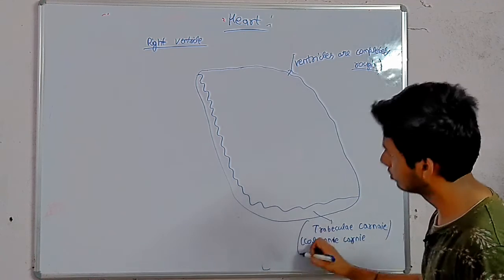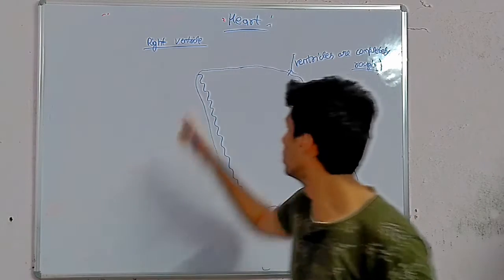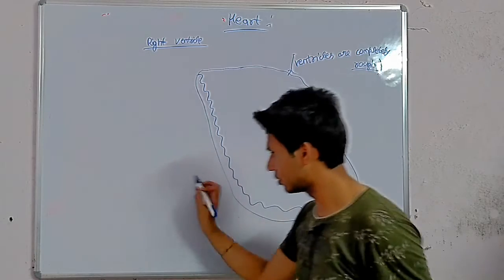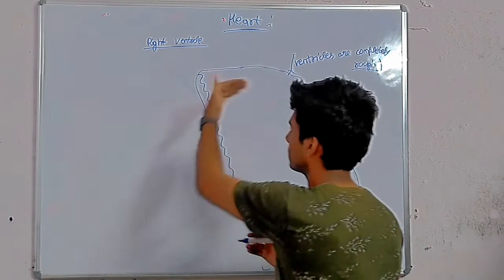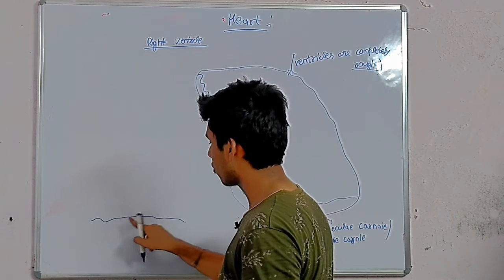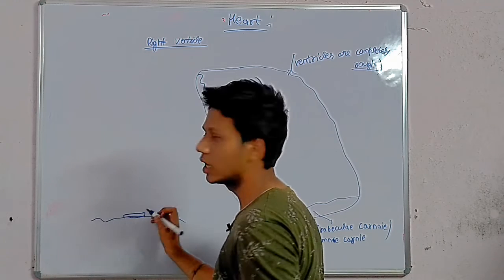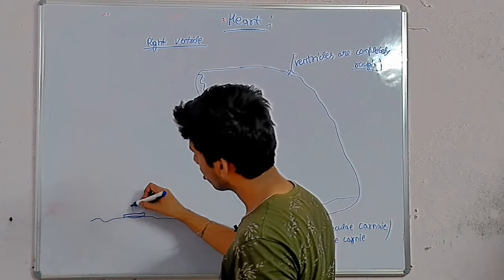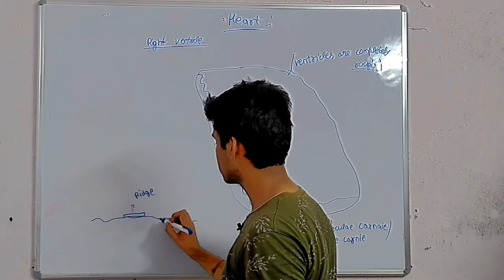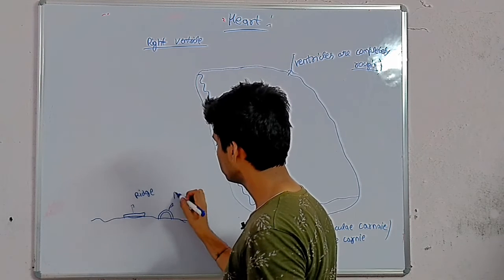These are the muscles, and they have some projections. There are three types of projections in the trabeculae carneae. Projections emerging out from the chamber like this are thick projections called ridges. Some projections form like this, which is called a bridge.